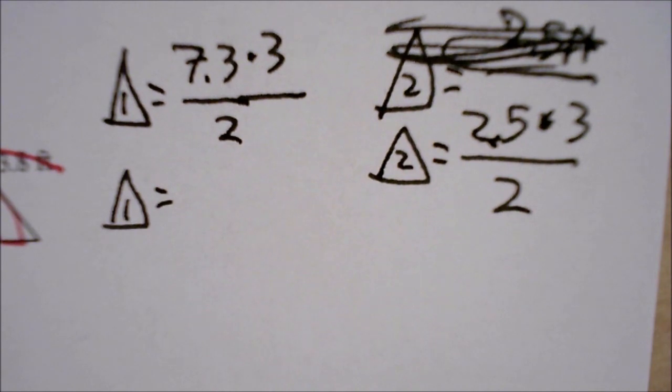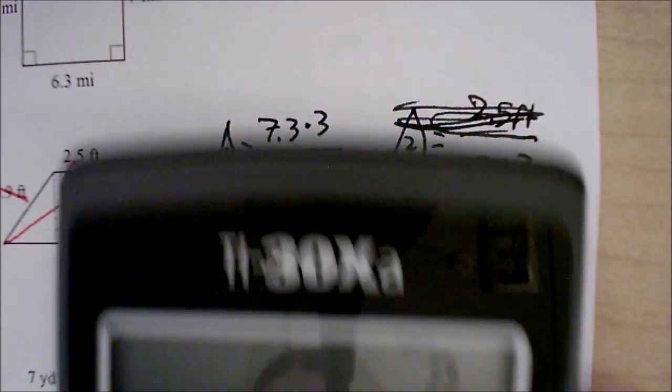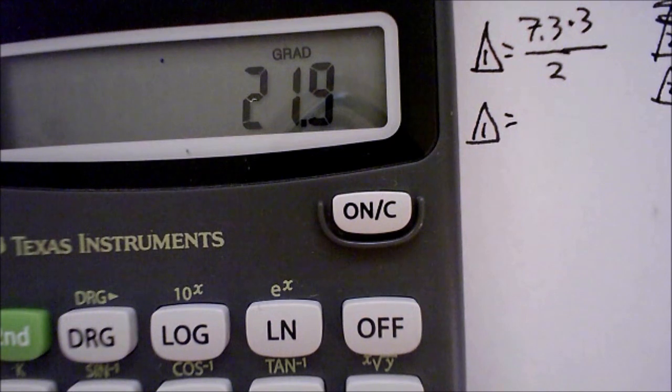It's important to remember that this particular unit is calculator active. And while it would be nice to be able to simply solve this problem without the use of a calculator, let's not waste the opportunity. For triangle 1, we have 7.3 times 3, and then we will divide by 2.